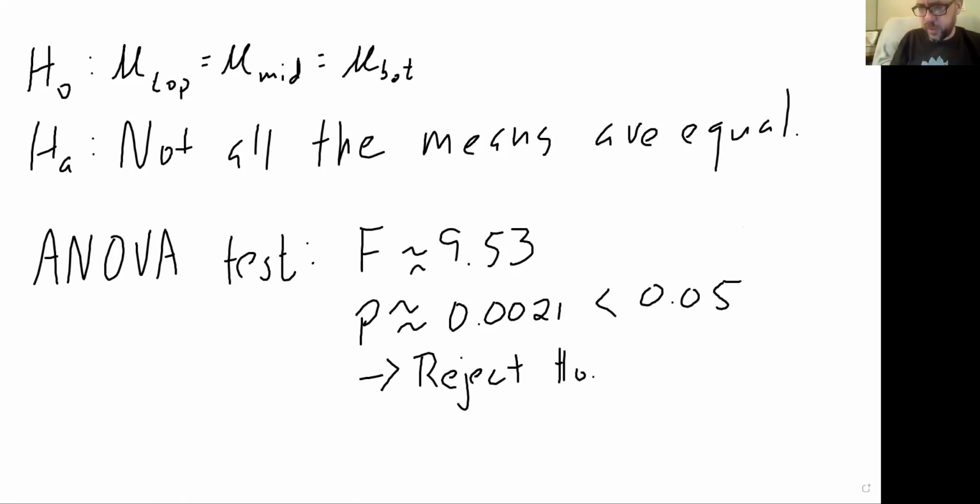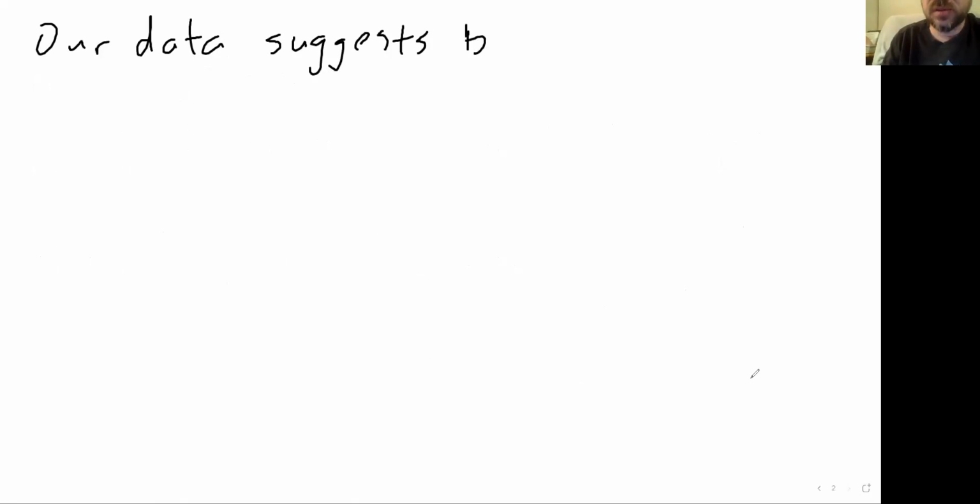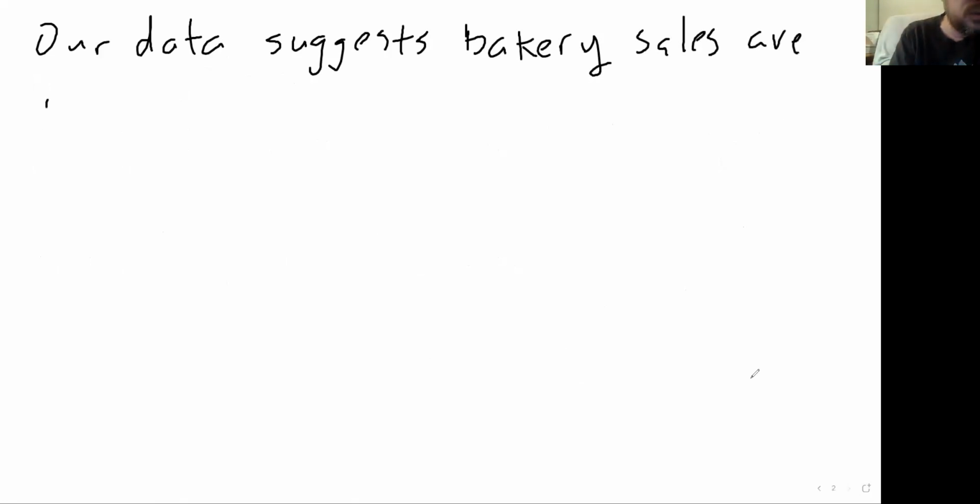So let's write a conclusion. Our data suggests bakery sales are not equal for all shelves.